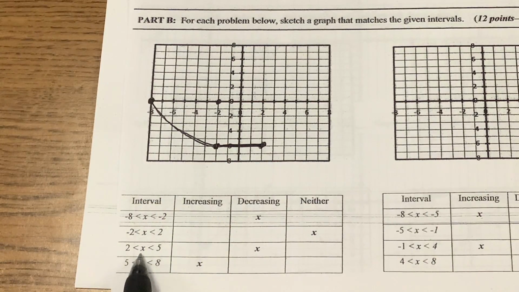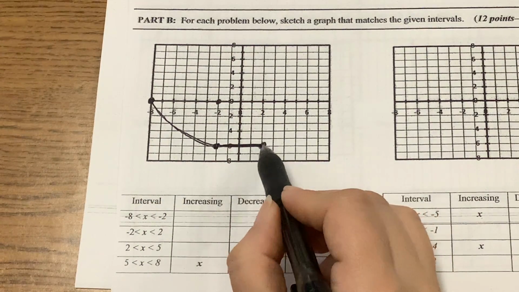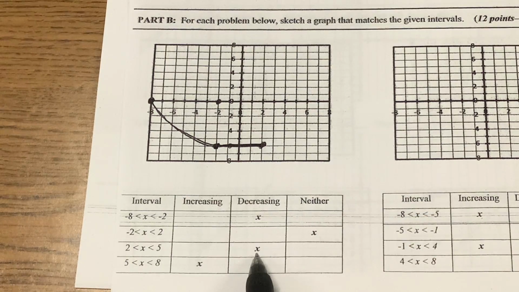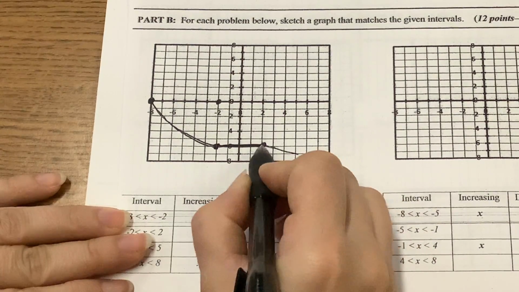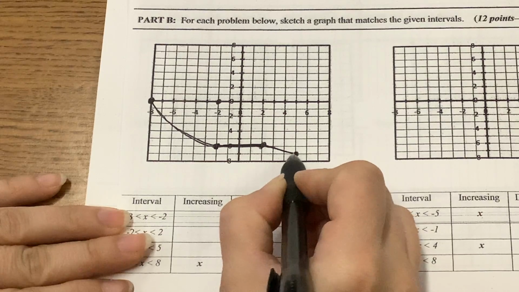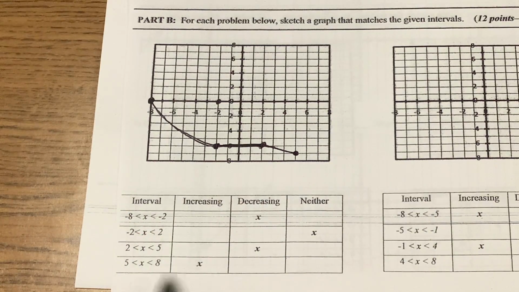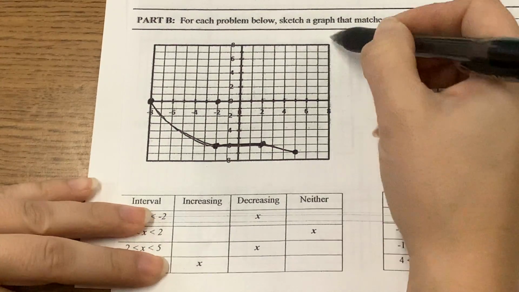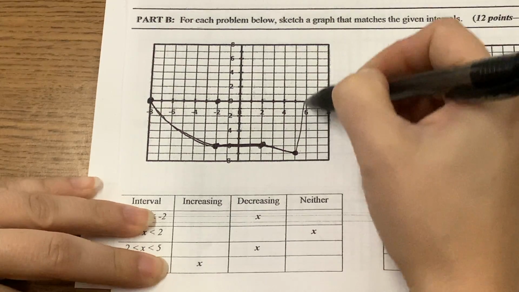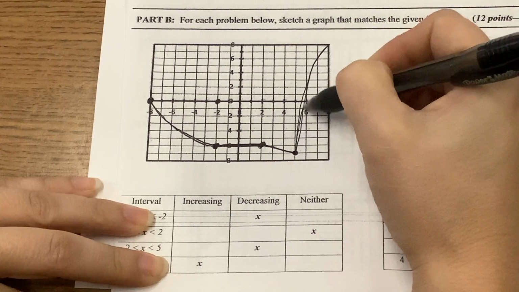And then from 2 to 5, so from here to here, it needs to be decreasing again. So it needs to go down. Okay? And then from 5 to 8, it needs to be what? Increasing. So from 5 and 8 is the end of the graph. You can make it as big or as small as you want. I'm going to go big. That's definitely increasing, right?